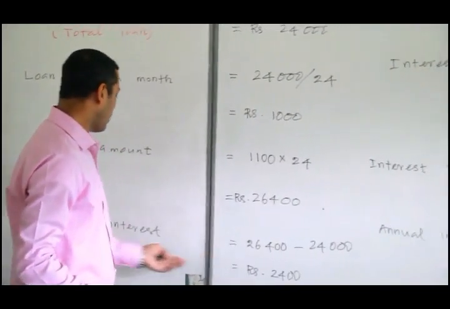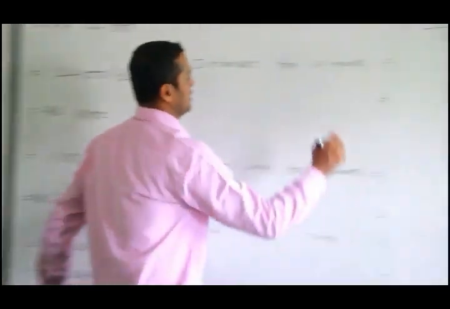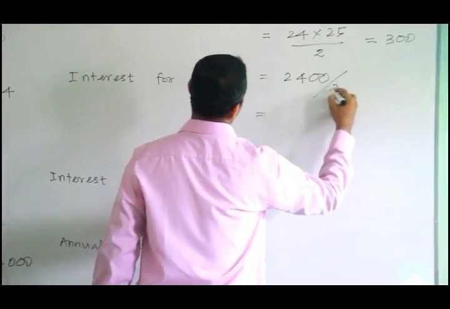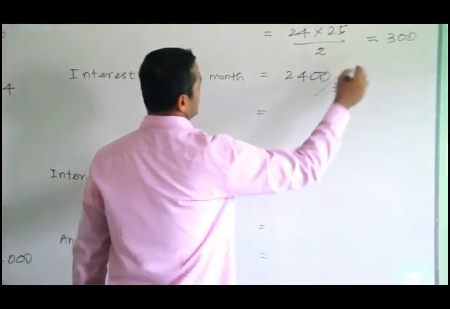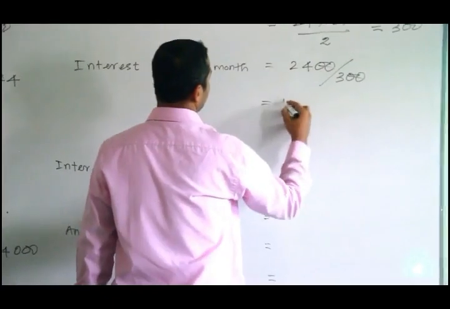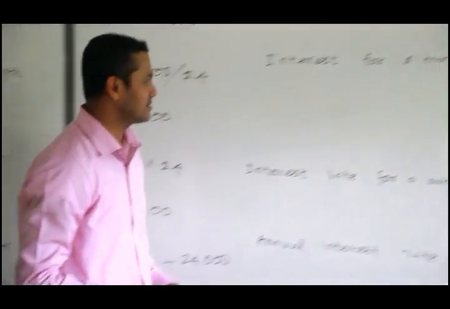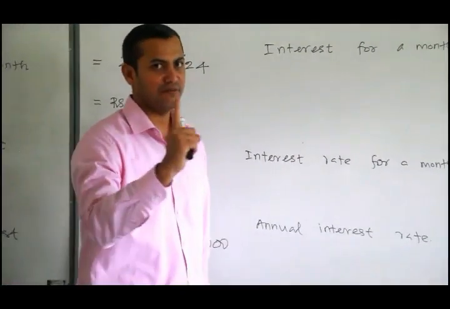How much is the total interest? 2400. We're going to divide this by 300. Then you can cancel the zeros. If you divide, you get rupees 8. That is the interest for 1 month.